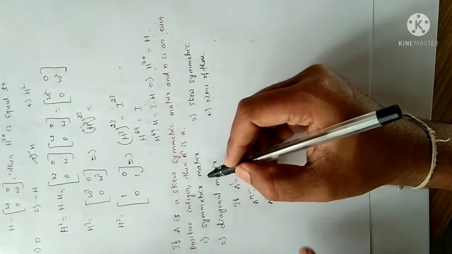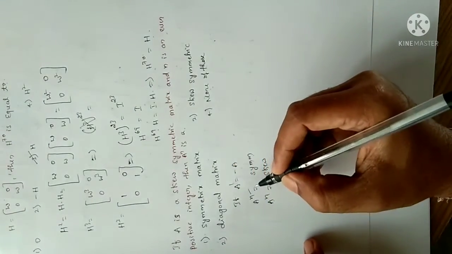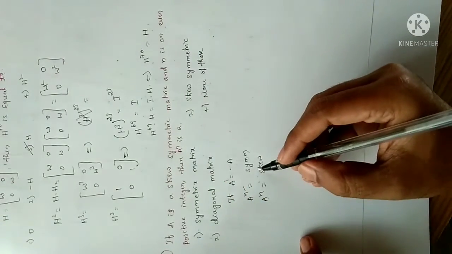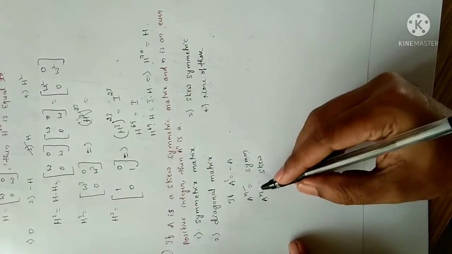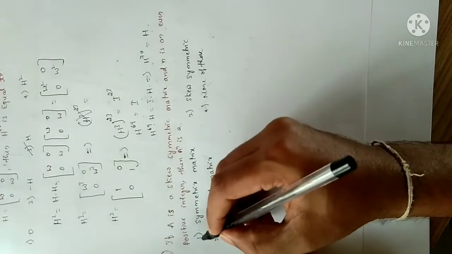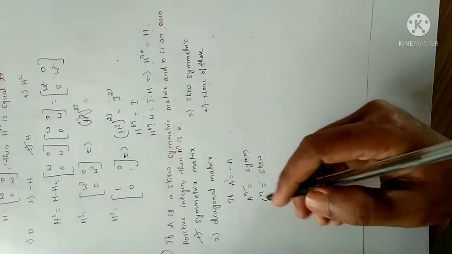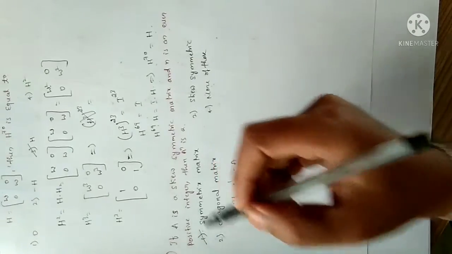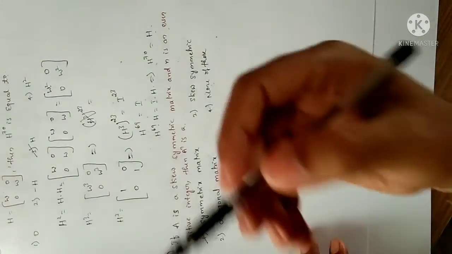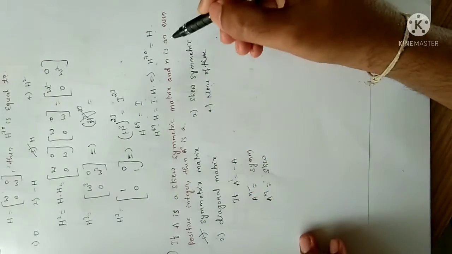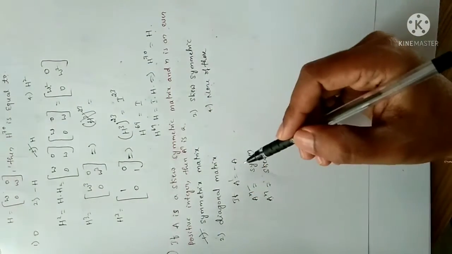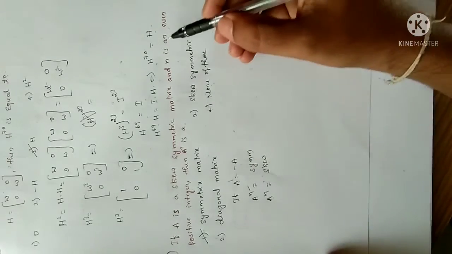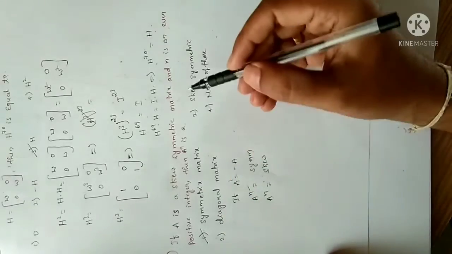In the last video we discussed that important topic. Now, they have given that n is an even positive integer, therefore what can we say? If A is a skew symmetric matrix, there are two conditions. A to the power of n is a symmetric matrix when n is an even positive integer, and A to the power of n is skew symmetric when n is an odd positive integer.